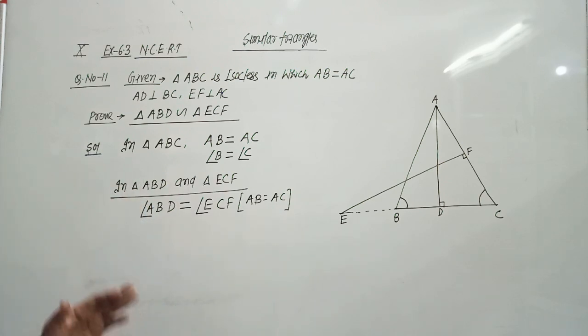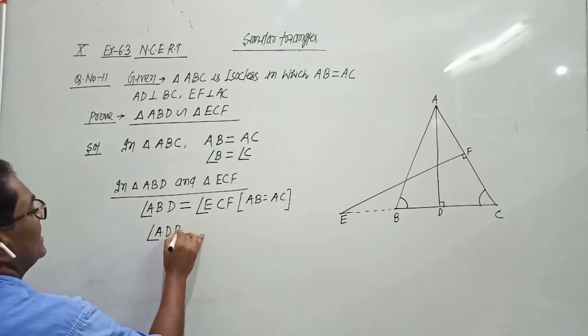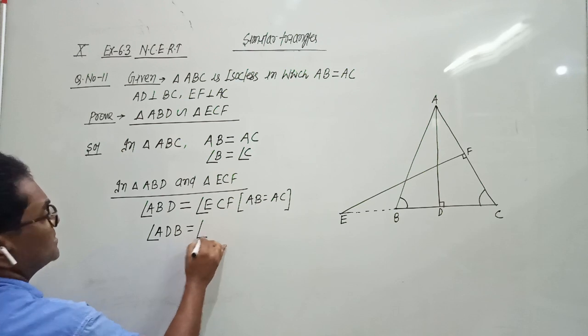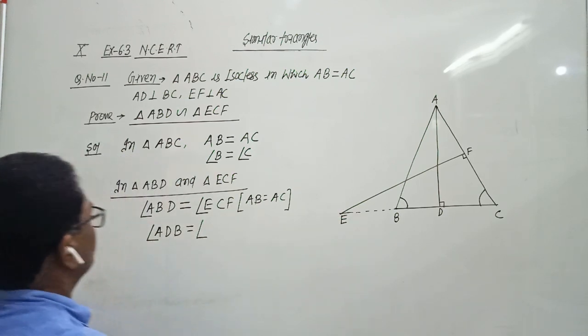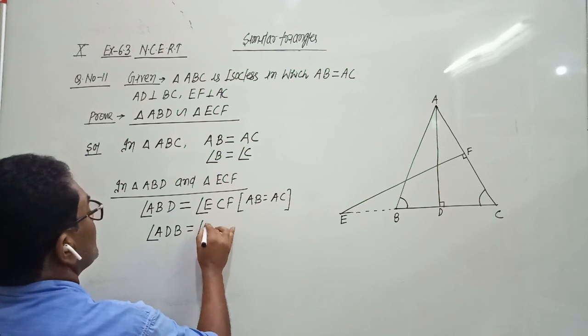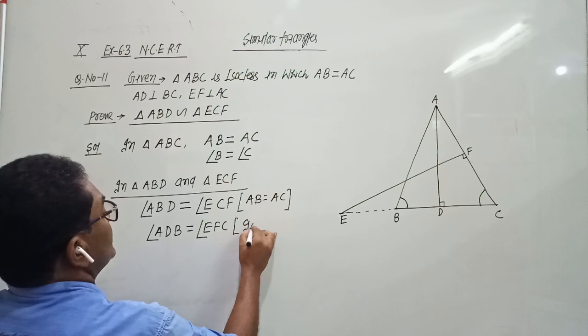And in triangle ABD, angle ADB is equal to angle EFC, each 90 degrees.